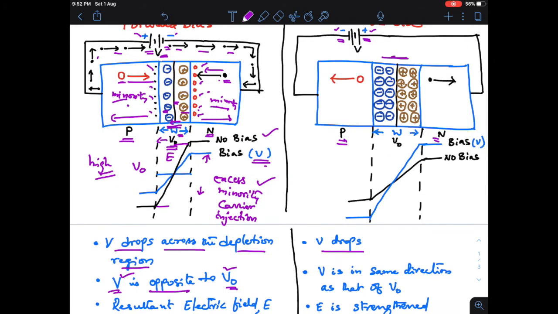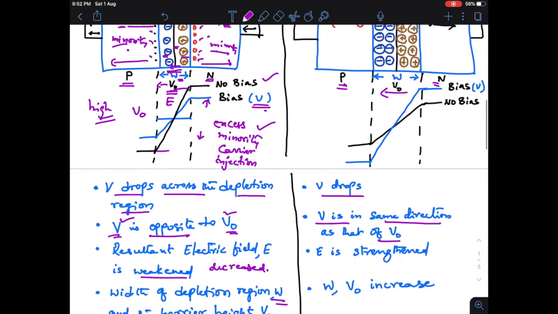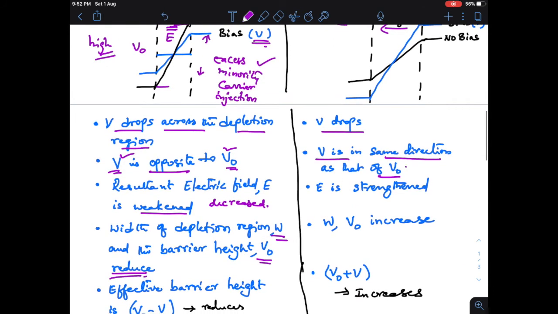But this V is in the same direction as that of V naught. V is basically from plus to minus, so this will be the direction. So V is in the same direction as that of V naught, that is the barrier potential. That means applied voltage V is in the same direction as that of the equilibrium barrier potential.